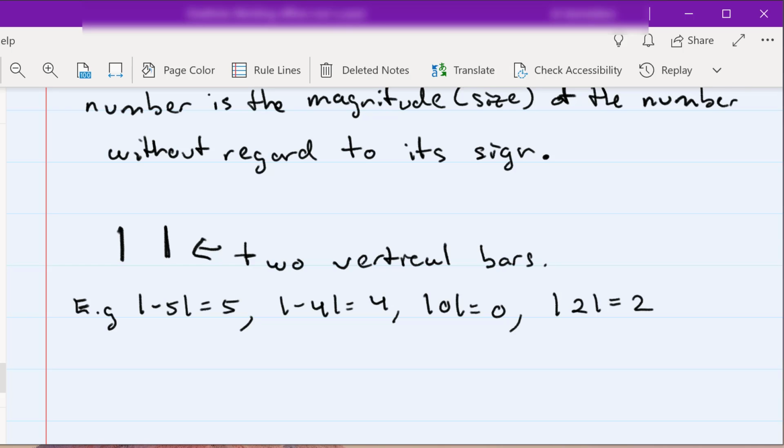The absolute value of -4 is equal to 4. The absolute value of 0 is 0, and the absolute value of 2 is 2. You can see that when the absolute value is applied on a number, whether that number is negative or positive, the result is a positive number.